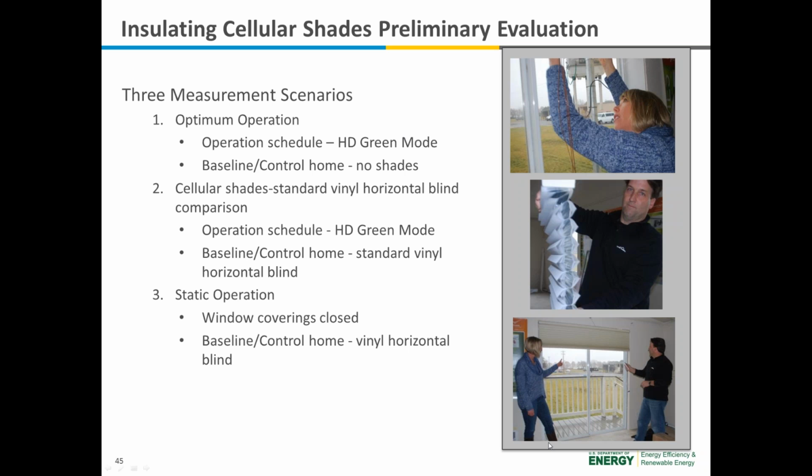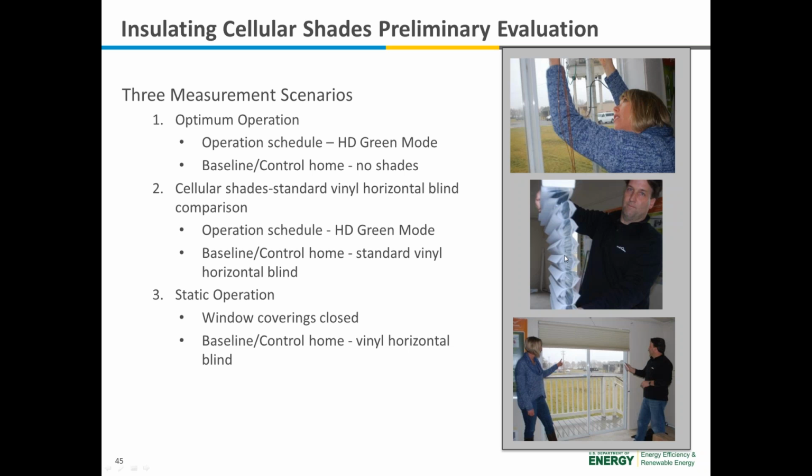This is done through motors within the blinds themselves. It's quite handy to program schedules via an app into some Hunter-Douglas technology, and then these blinds will follow these schedules. There's a couple things that we wanted to test given the advanced functionality of these shades. The first one was the optimum operation.